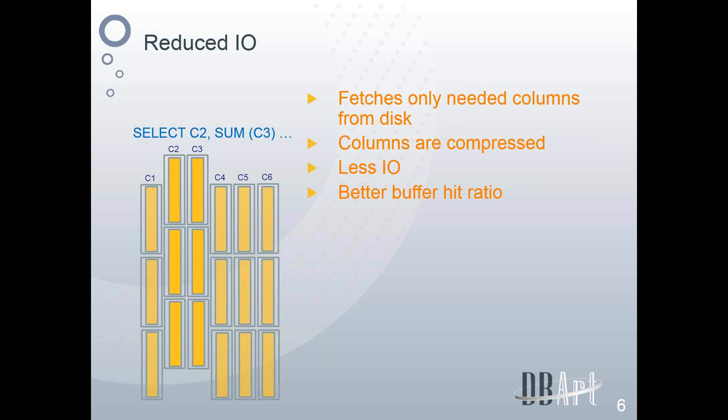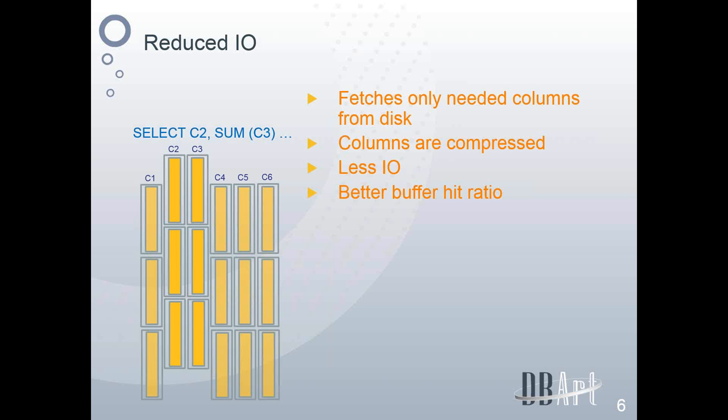The second thing: columns are compressed, and considering that each column has a single data type, it's much easier, and we achieve much higher compression rates when we compress data of the same data type. Compressing integer numbers is much easier than compressing integers mixed with strings, dates, binary data or unique identifiers. The compression ratio will be much higher. Of course, there is less I/O. In our case, it was 100 times less I/O.